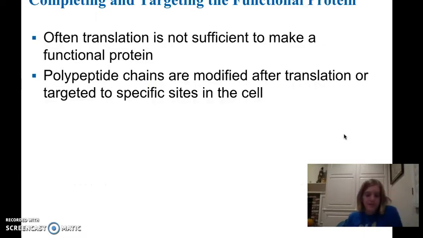So one important thing to note is that once translation is finished, that sums up translation, what we just finished: initiation, elongation, and termination. But once that's done, typically the proteins are still not ready to be functional, and they get modified additionally after they have been made via translation.